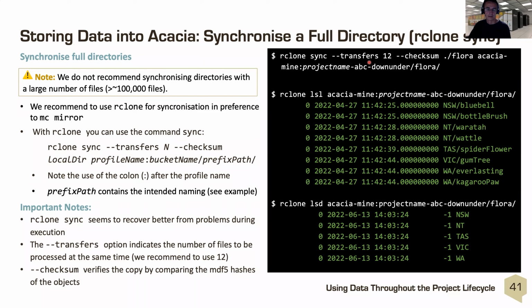We have seen very good performance using that. So this is the syntax for the number of threads during the transfer. And this option is similar to the --md5 option in MC, which is checking the MD5 hash of the objects after transfers.